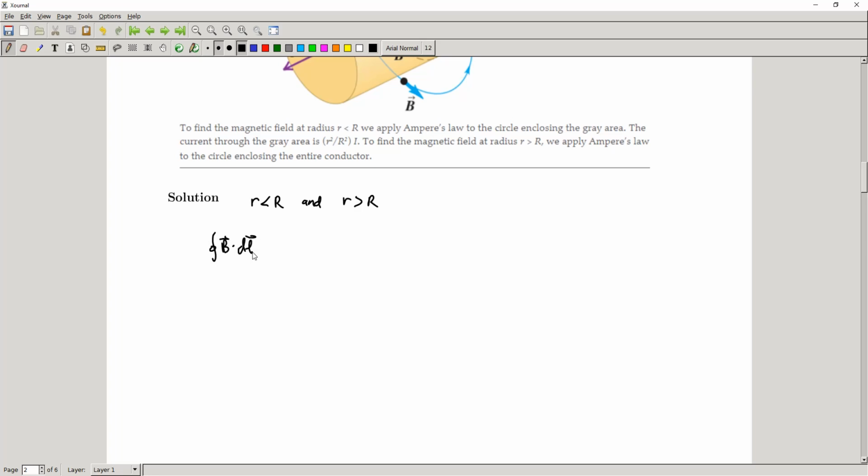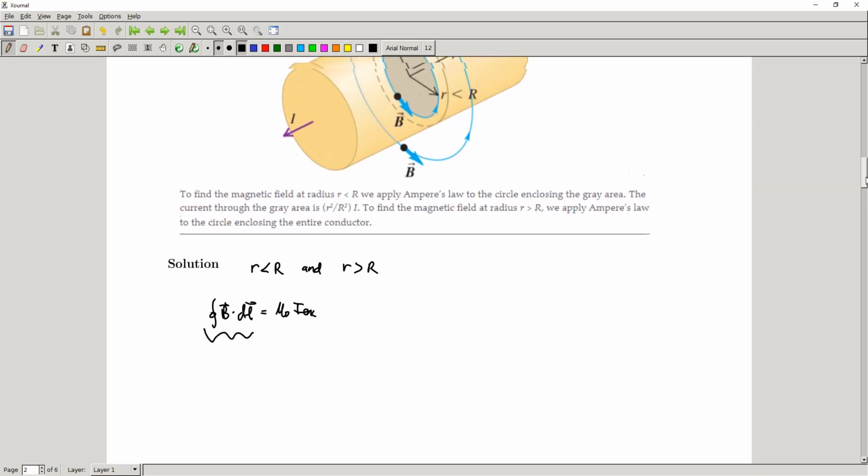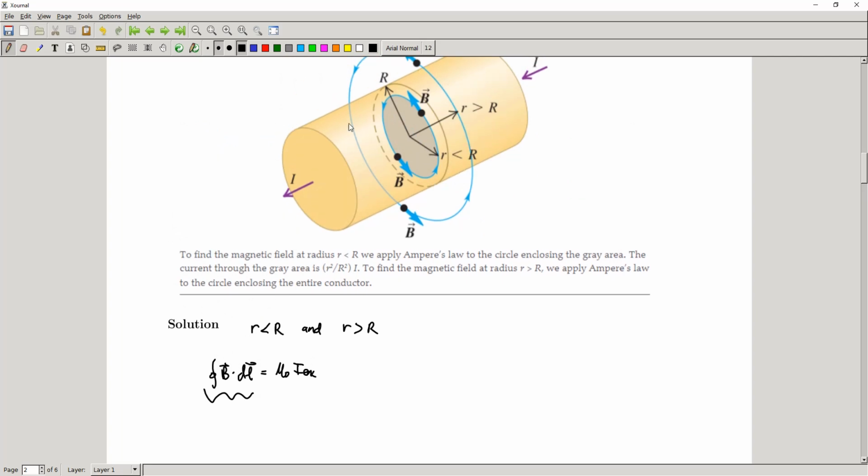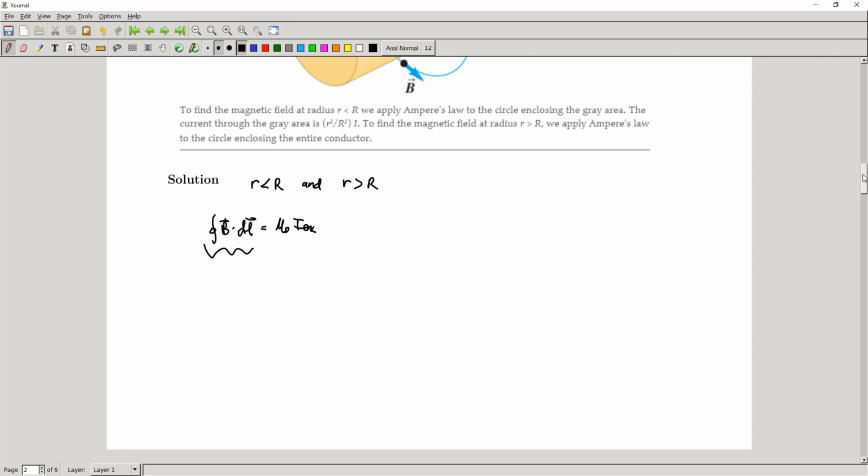We saw in the previous problem that for all the paths we're choosing here, this just reduces down to B 2 pi r, and r will be different depending on where we are, but that's fine. Because of the symmetries and because dl and B are always pointing in the same direction, we can clean this up, and we end up with B 2 pi r equals mu naught I enclosed.